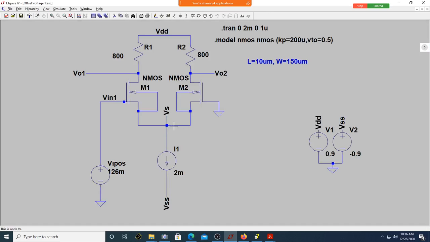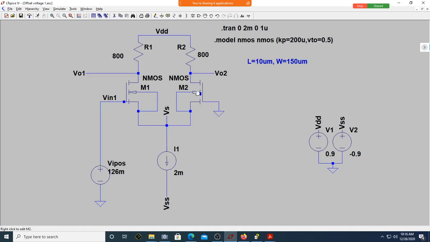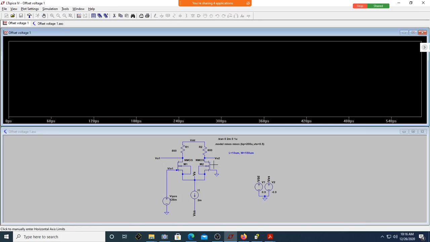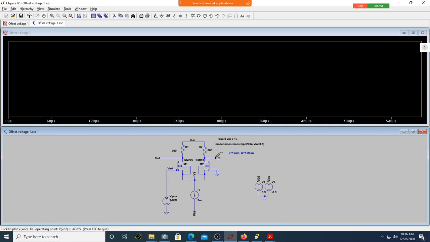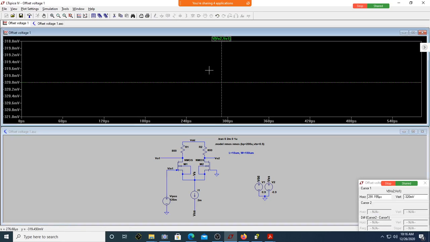Okay, this is fine. So this is 200. I just want to verify myself. Since I applied the input offset voltage, V02 minus V01 has to be close to 0. Oh, minus 320.